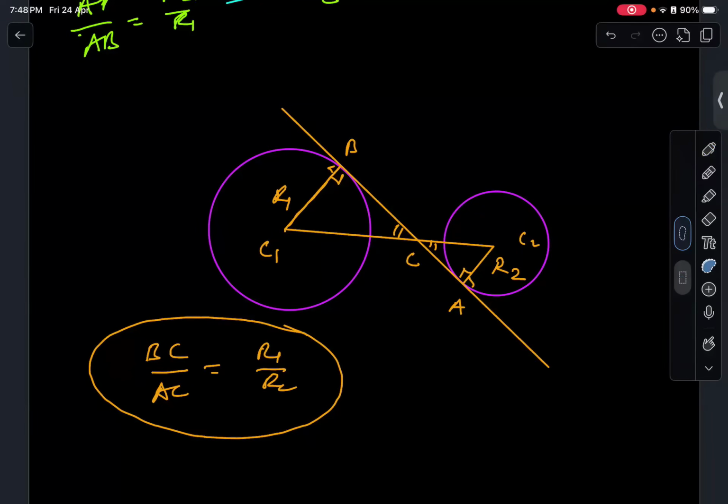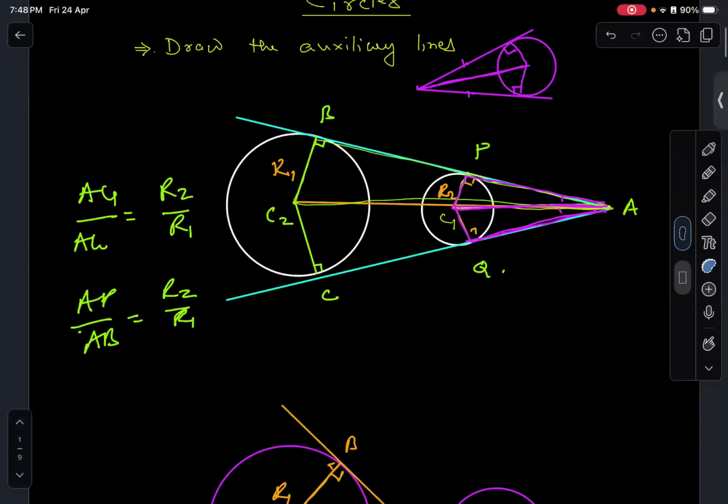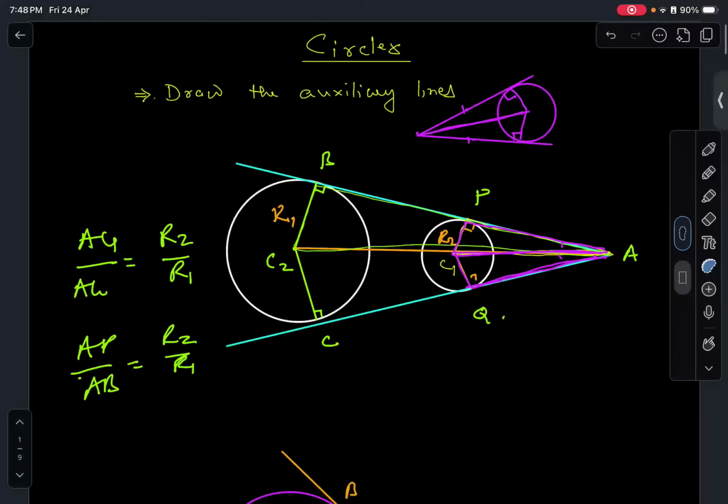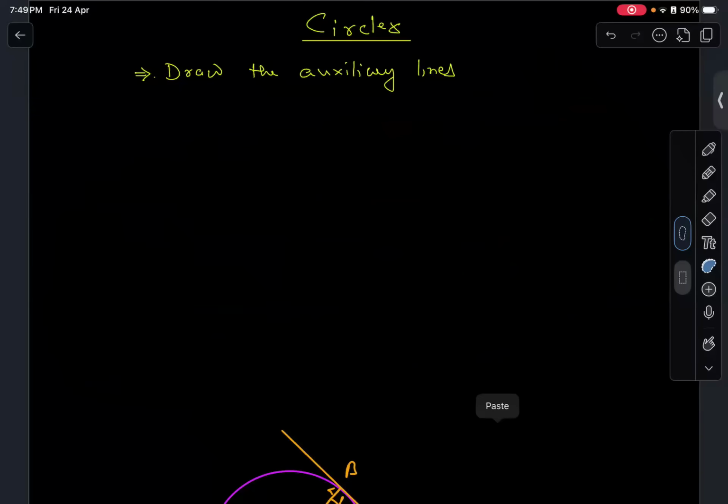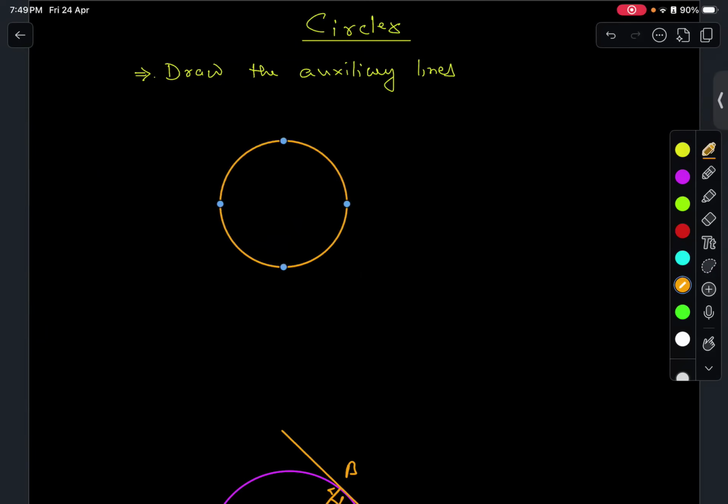Now see. So we have all the basic properties except a few. This is a very famous question, a very simple question, and very famous. What is that?